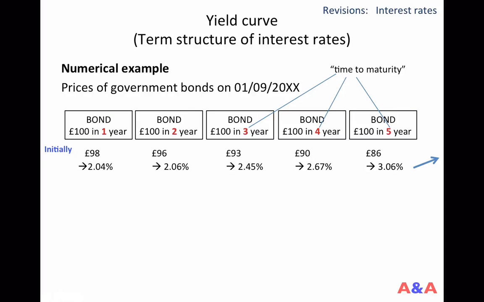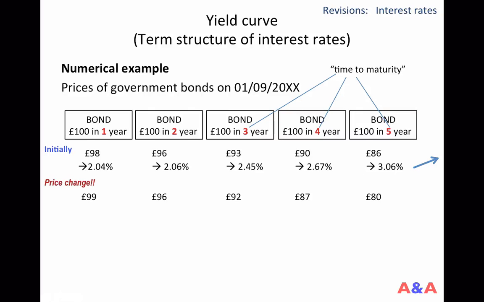Now suppose that the prices of these bonds have changed. Yesterday, the prices were 98, 96, 93, 91, 86, the same numerical example as in the previous slide, and accordingly we computed the term structure of interest rates.